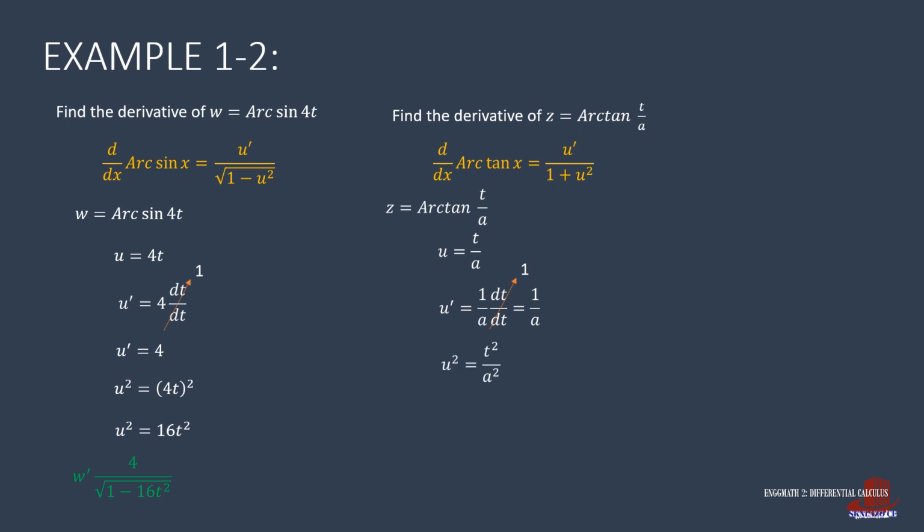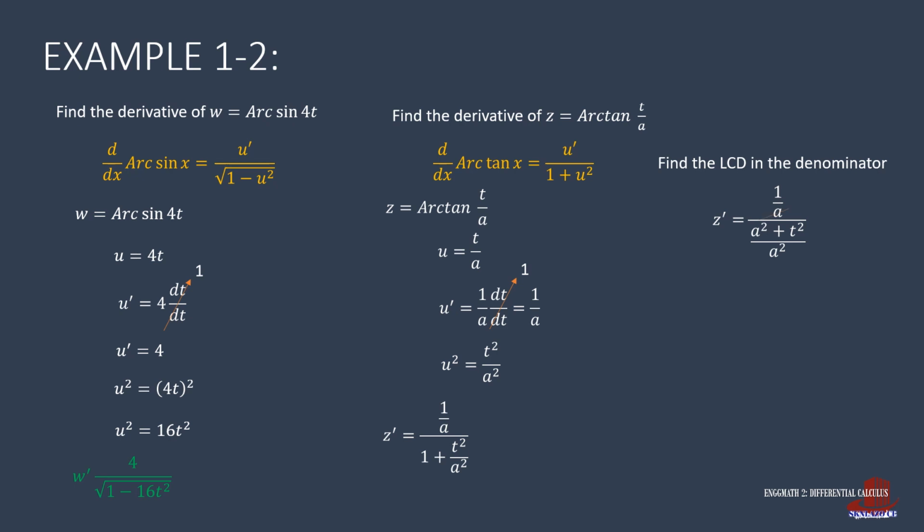U squared is the square of t all over a, or that is t squared all over a squared. Thus, z prime is the reciprocal of a all over 1 plus t squared over a squared. To reduce too many fraction bars, we take the LCD in the denominator. So we have 1 over a all over the ratio of a squared plus t squared upon a squared.